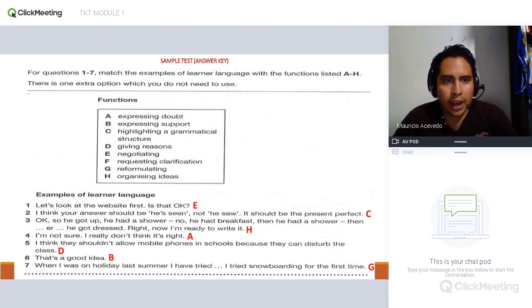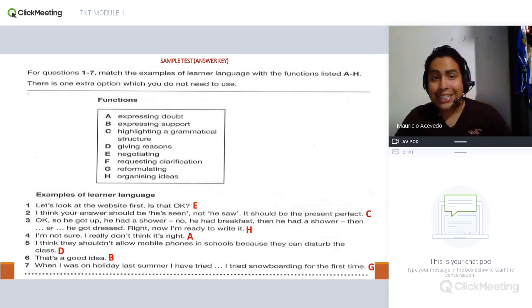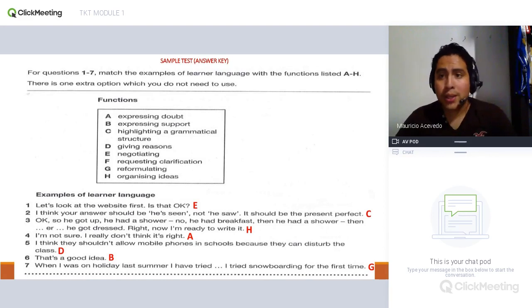Okay. "I'm not sure. I really don't think it's right." So in this case, it's A, expressing doubt, because he's saying, like, "I'm not sure." This is a keyword. Remember, keywords are very important in these exercises because from them you can realize if those are correcting, giving suggestions, etc. Number five, "I think they shouldn't allow mobile phones in school because they can disturb the class."